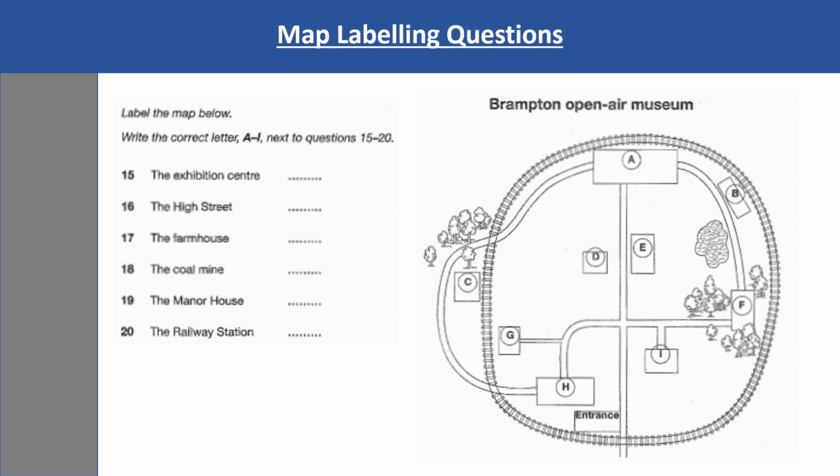Now, if you'd like to look at your map, we'll begin our tour. The site is a bit like a circle with the railway going round the edge. You can see where we are now by the entrance, and we're going to start by walking to the high street. We'll go to the crossroads in the middle of the map and go straight on, making our way between two buildings on either side of the path.